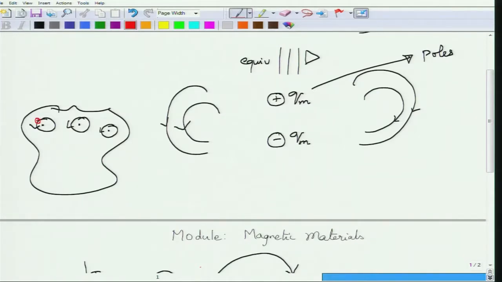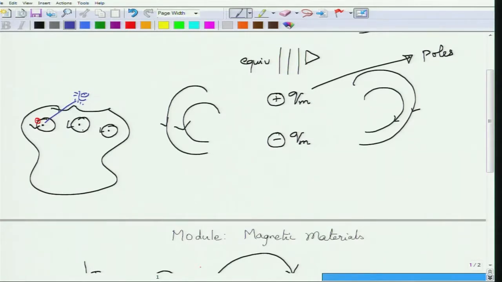The classical view of an atom is that of an electron moving around in a given orbit. So it would be moving around in an orbit generating a tiny loop of current, because if you imagine yourself at this particular point, you will see that a charge is moving with a certain frequency and crossing this point, corresponding to a current.